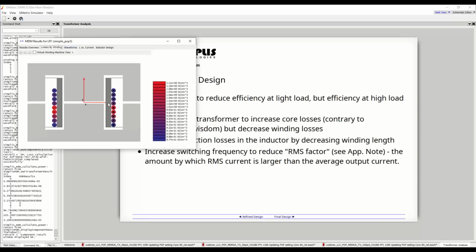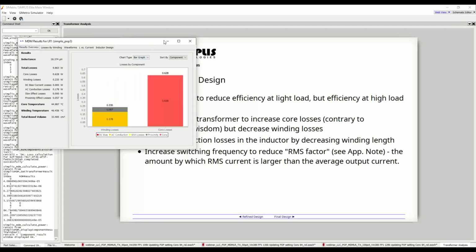That's coming from the length of this winding, because if you put extra space in between the bobbin and the turns, you are increasing the length of this wire. So maybe we can try accepting a bit more proximity losses, which don't seem to be very problematic in this case, in order to reduce the length.